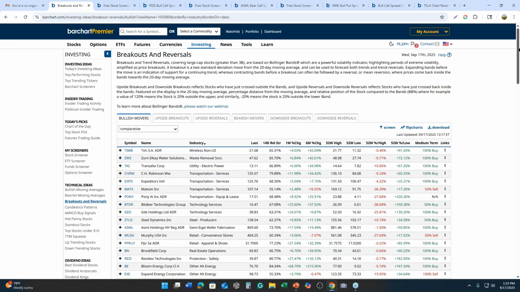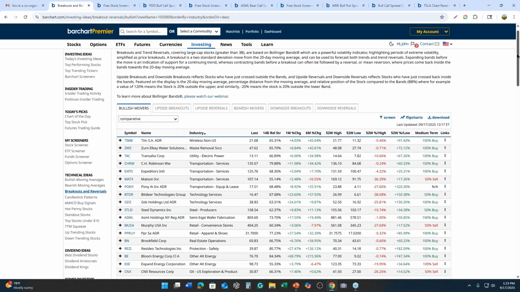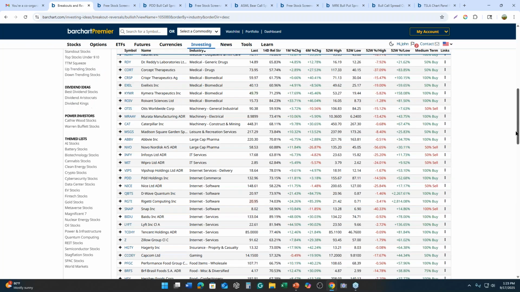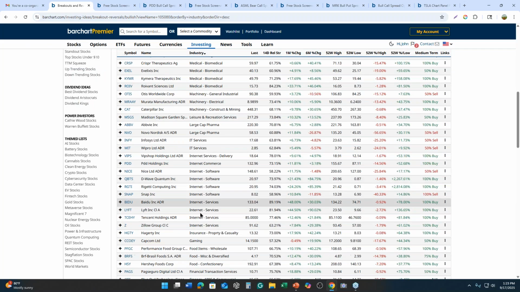And what do we see? Well, notice how we have a cluster of stocks that are in oil exploration, right? We have some biomedicals. I think there's another cluster down here based on internet software and services.